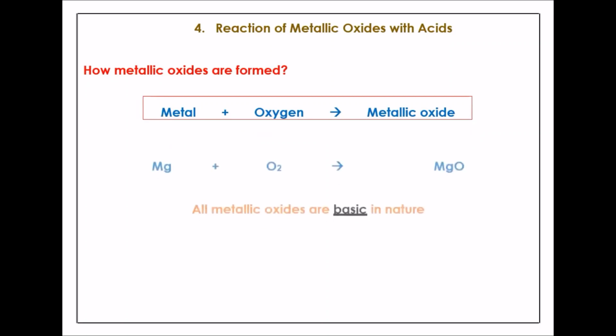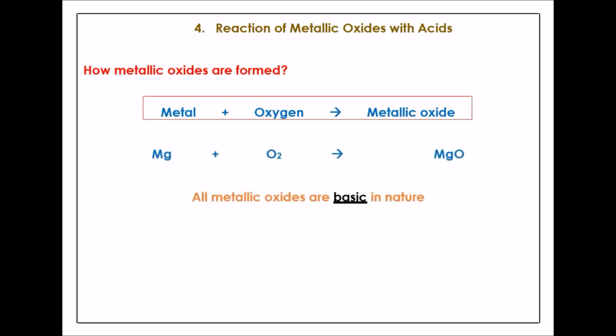Example, take magnesium, it reacts with oxygen and gives magnesium oxide. Not only that, you can take other examples: calcium plus oxygen, calcium oxide; sodium plus oxygen, sodium oxide; zinc plus oxygen, zinc oxide; iron plus oxygen, iron oxide.